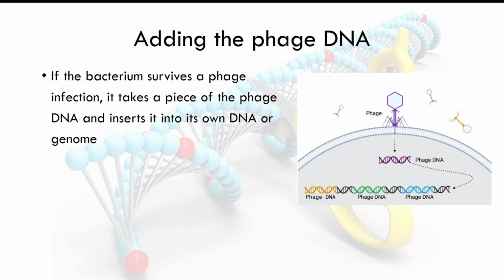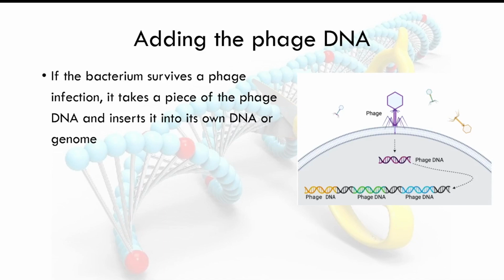This is the second infection of the phage. It's already got that piece of DNA. This is where they have survived the attack, and they've added that piece of DNA into their genome. Can you see their genome has 4 different colours? Those are previous phage attacks. Each time it survives a phage attack, it inserts that DNA into its genome.